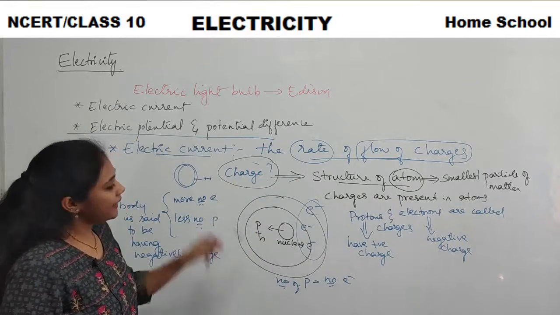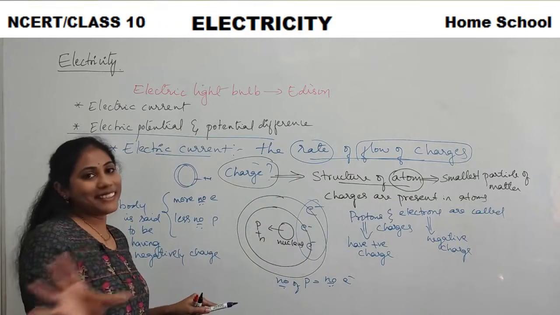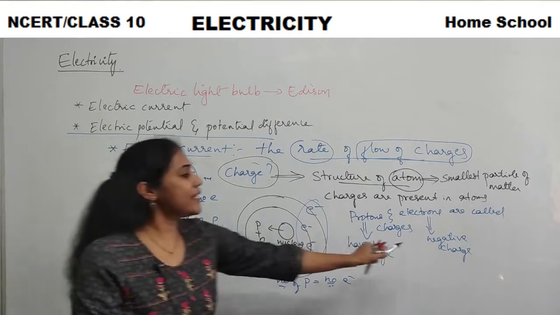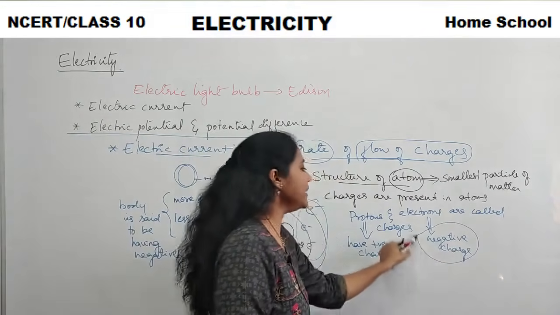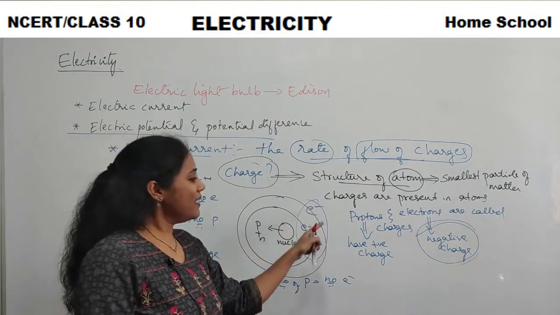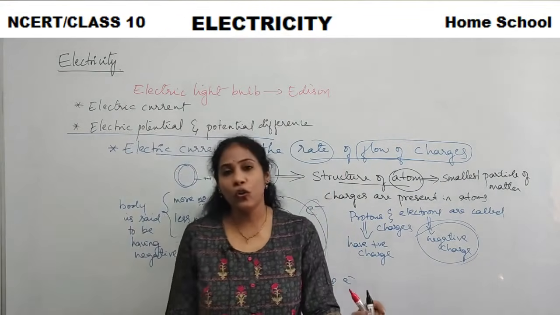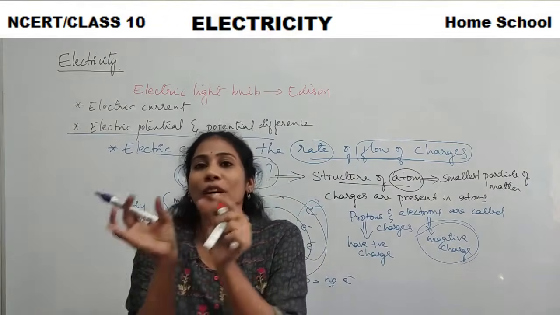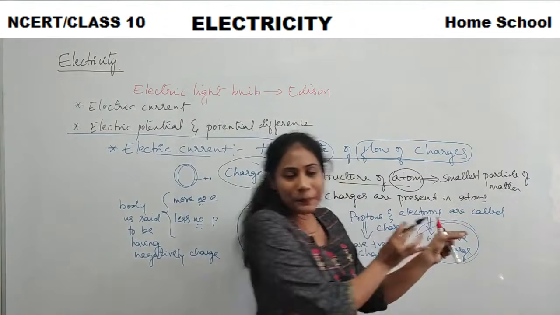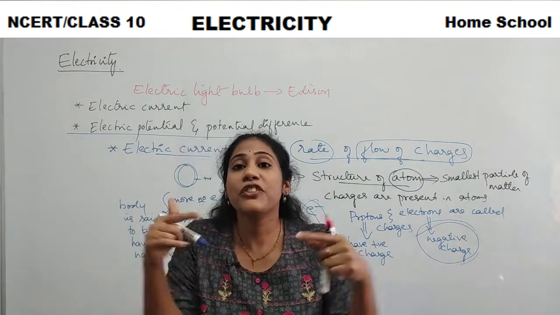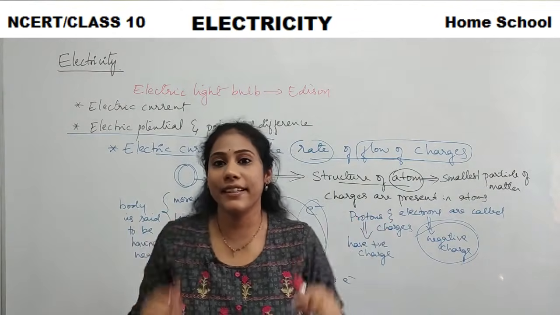For our electricity, electrons are very important. The negatively charged particles are very important because electrons will flow. Electrons will actually flow from one atom to another atom, right? This flow of electrons generates electricity.